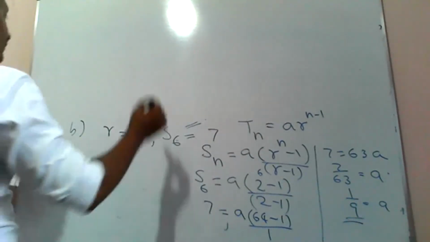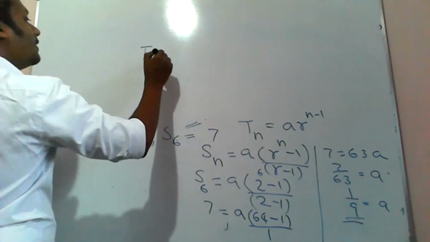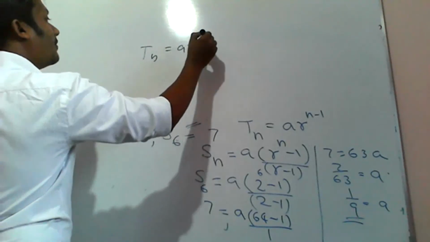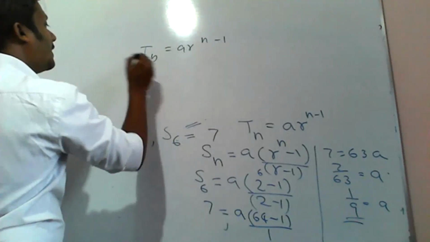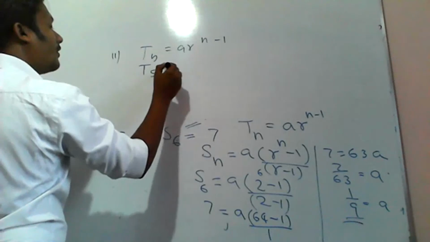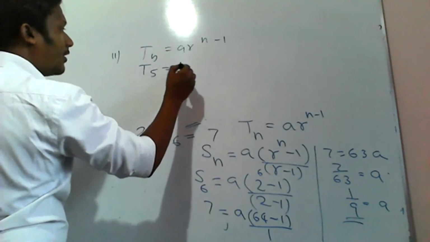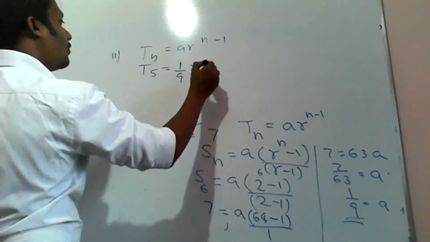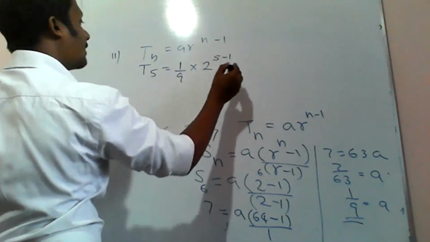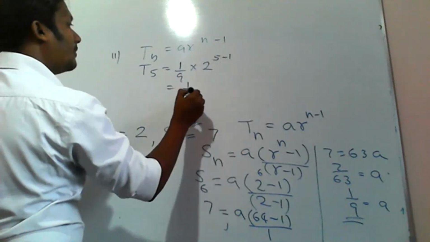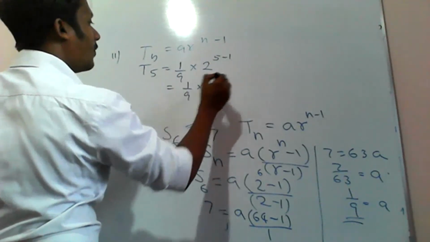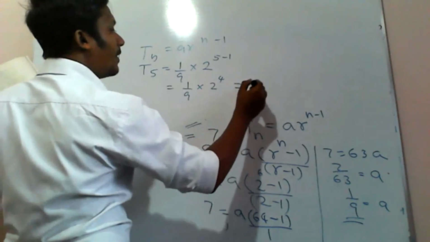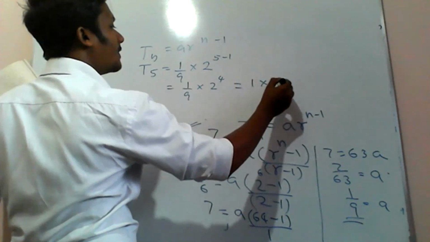Find the fifth term, right? Tn equals a r to the power n minus 1. Then T5 equals a, which is 1 over 9, times 2 to the power 5 minus 1. That is 1 over 9 multiplied by 2 to the power 4. We know 2 to the power 4 is 16.